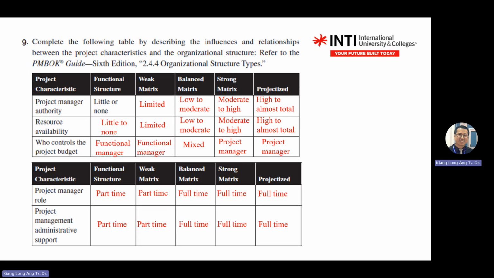So this one is project management, administrative support. This one is a PMO, means you set up a project management office. In a functional structure, you don't need a PMO because the department can work accordingly. Weak matrix, it can be, but in a part-time status.